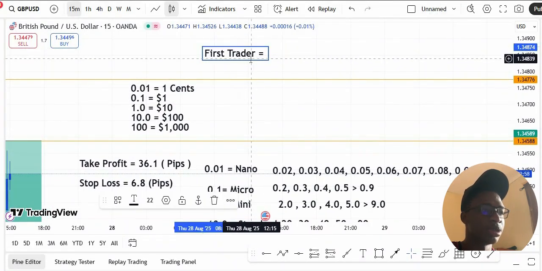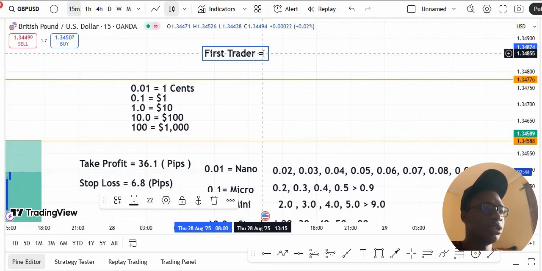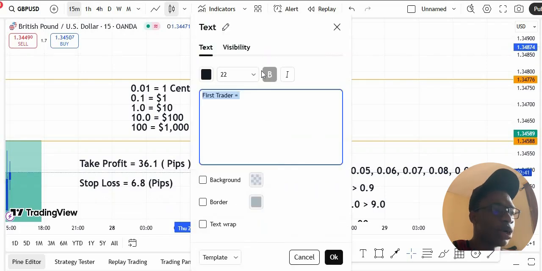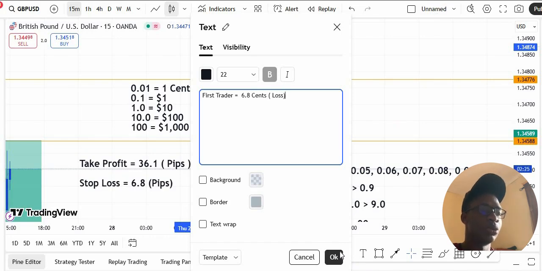So 0.01 times 6.8, or you can say 6.8 times 1 cent, is going to be giving us 6.8 cents. So the first trader is opening himself or herself to 6.8 cents in loss if the trade goes sideways.